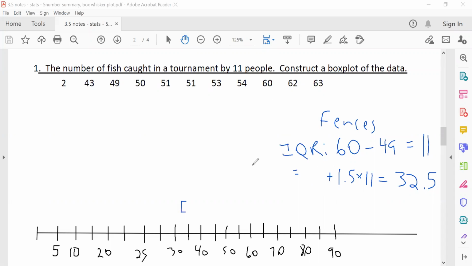And now the upper fence, we take Q3, which was 60, and we add 1.5 times the IQR. So now we do 60 plus 16.5, and we'll get 76.5.